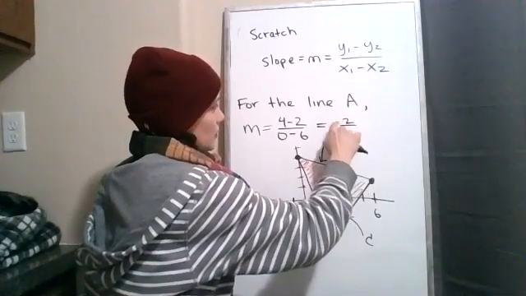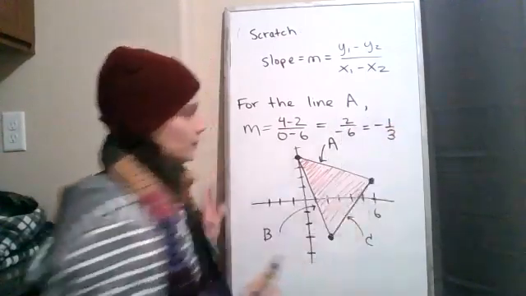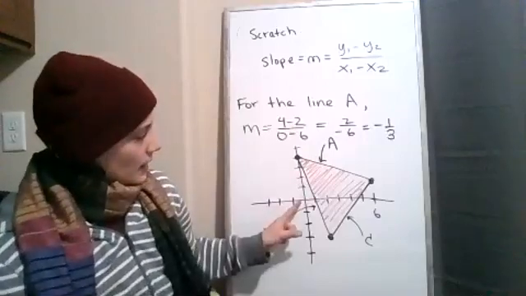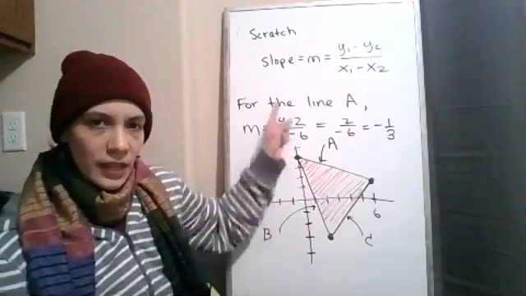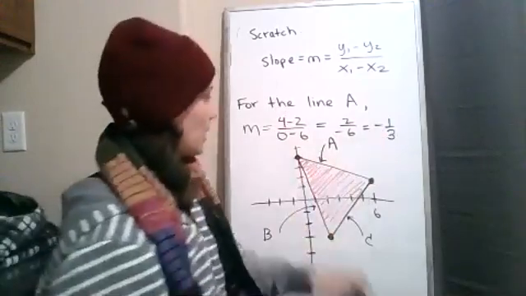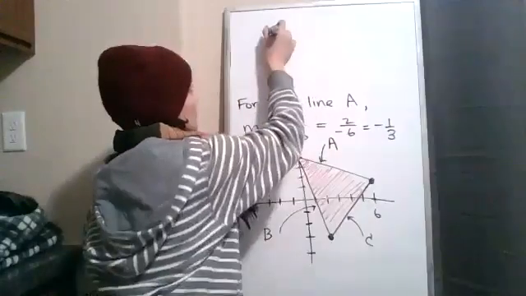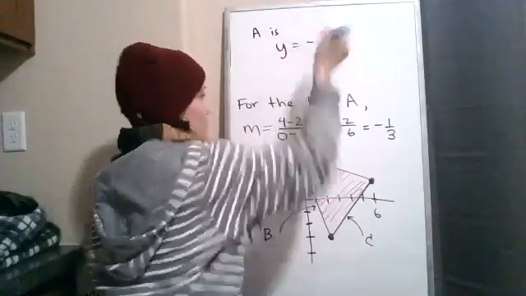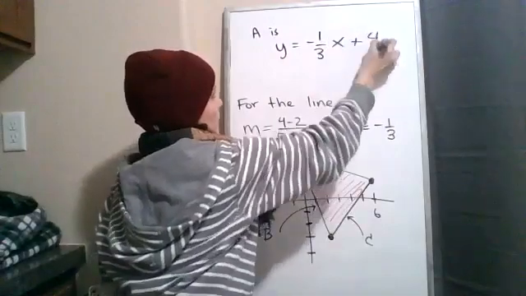This y-intercept is at 0, positive 4. So the line is negative 1/3 x plus 4.